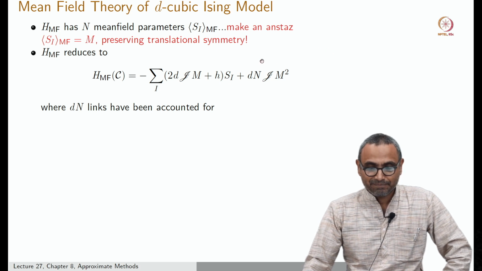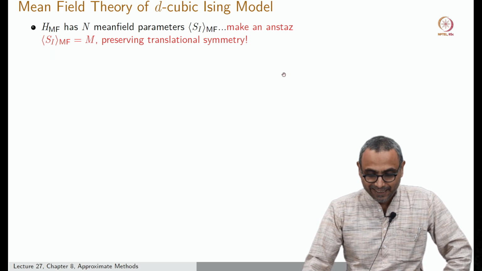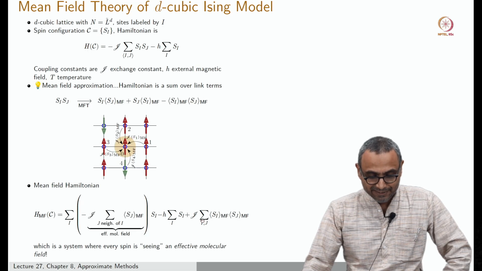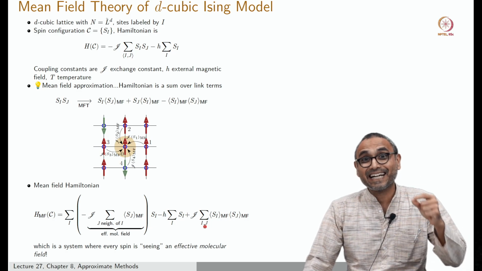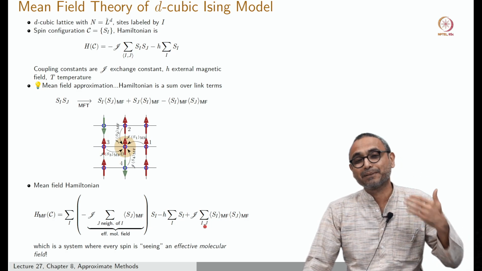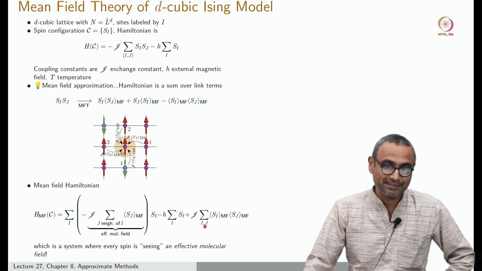Okay, so that is the explanation of this term. What about this term? That term was a sum over all links. Remember, there is a typo, that is over all links. How many links are there? There are d times n links in a d-dimensional cubic lattice with periodic boundary conditions.